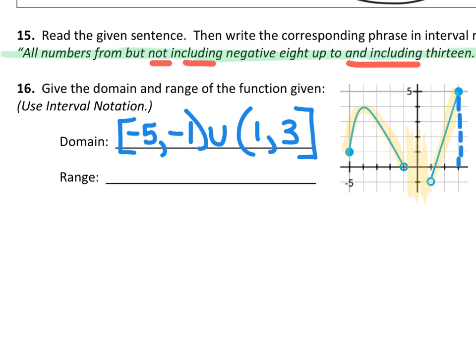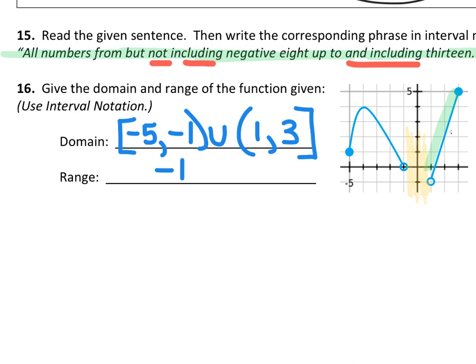Now, looking at the range, you want to find the bottommost point and the topmost point. The bottommost y value is here, and the topmost y value is here. And so that bottommost value is at y equals -1. There's no breaks in the graph as you go up from -1 to +5.